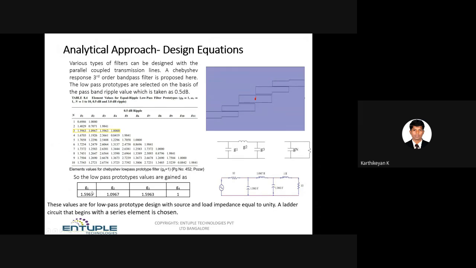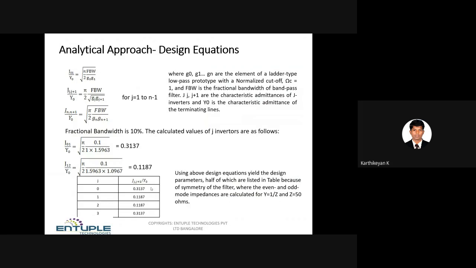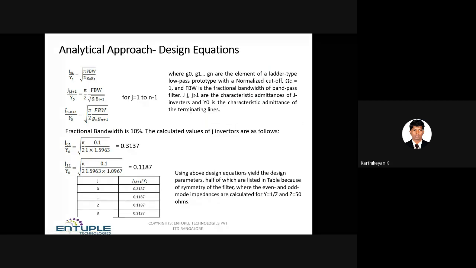We are just taking these 4 values from the tabulation and we are going to start the calculation of the dimensions. First we will calculate the admittance, and based on the admittance, we will find out the impedance. These are all the characteristic admittance values.